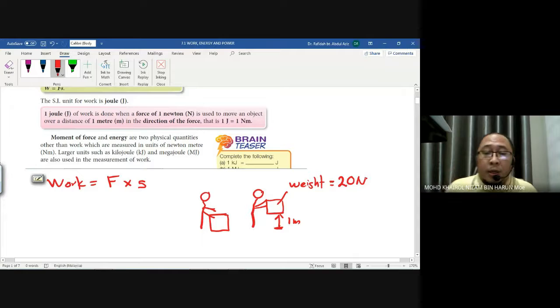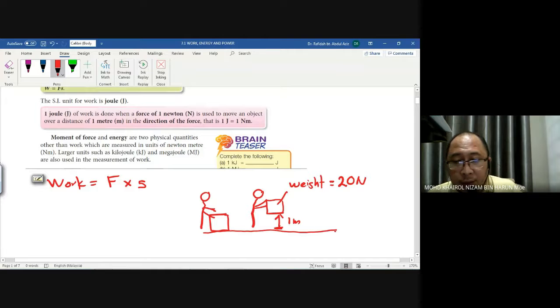From the floor here, this person is lifting the load of 20 Newton.